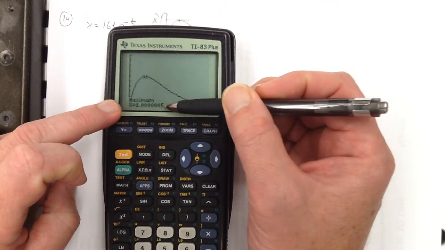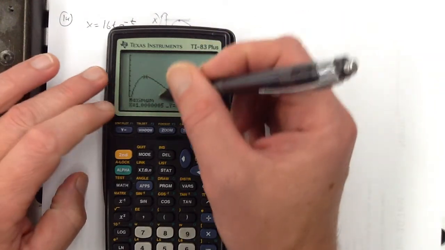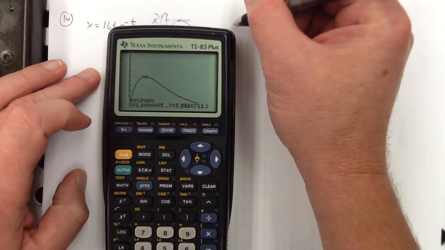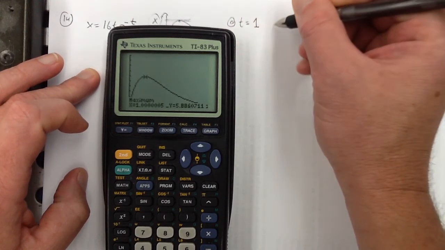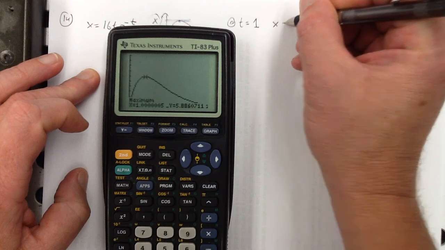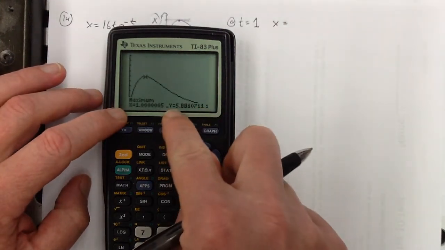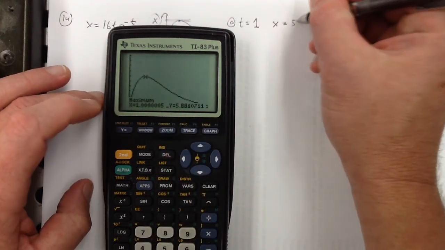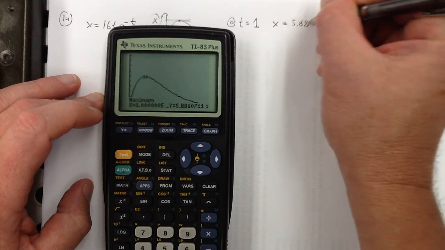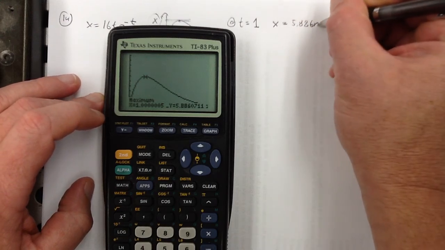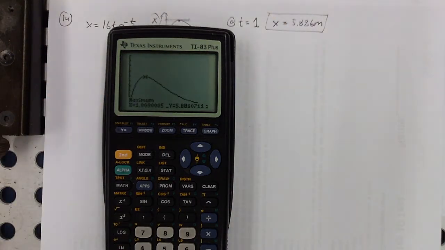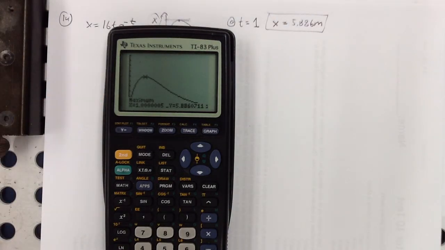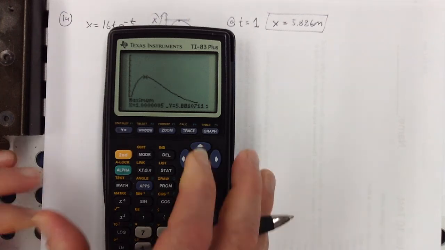So it looks like there's a maximum at time 1. That's the x-coordinate, time. The position is 5.886 meters. And that is what they're asking for. Right? Cool.